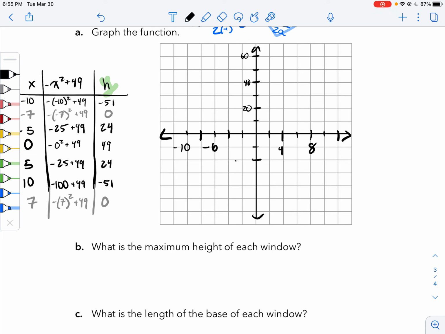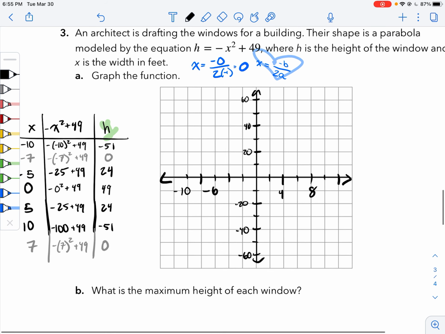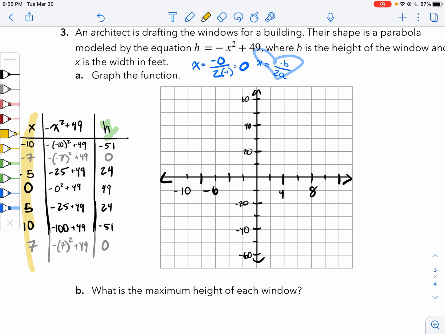So we've got -20, -40, -60. Now that we've got a domain for our x values, we've got a range for our y values. Let's put it on our graph, shall we? Okay, here we go.